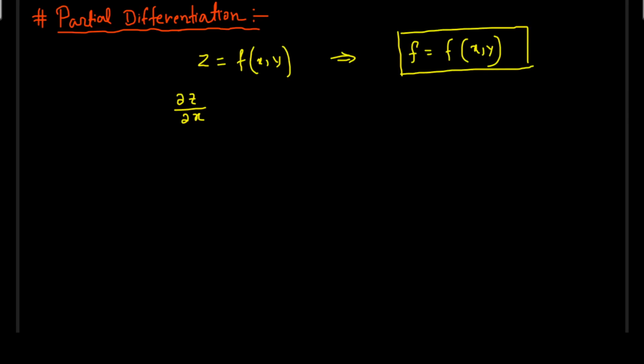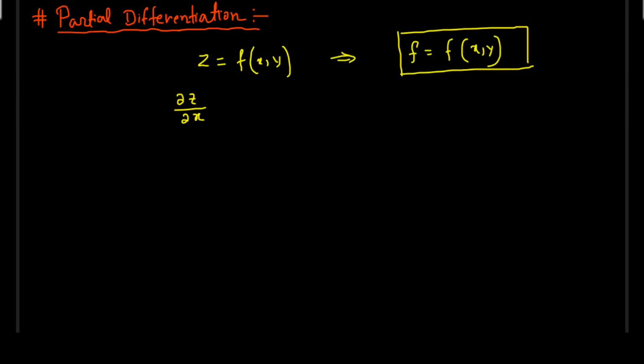Like in the single variable case, in mathematics we always like to represent a function as y equals f of x, but in physics we like to represent it as f equals f of x. So these are just notations.